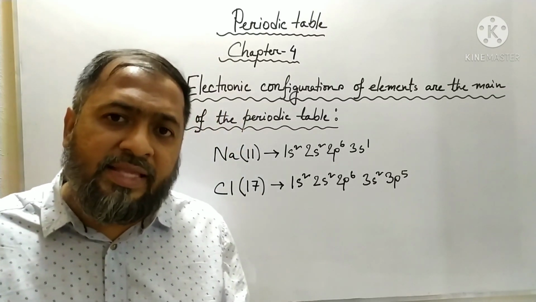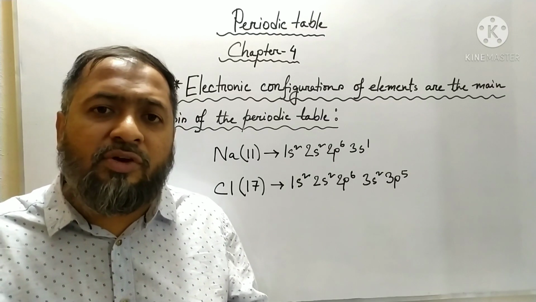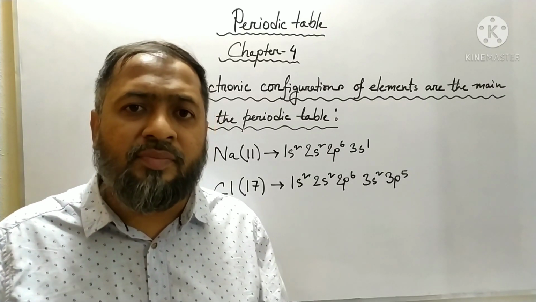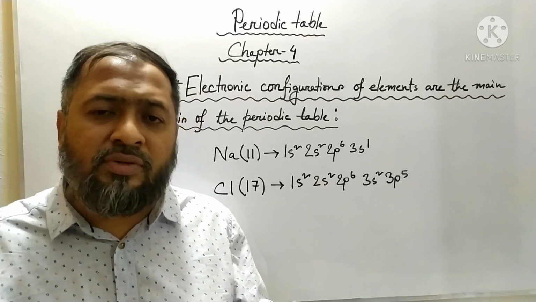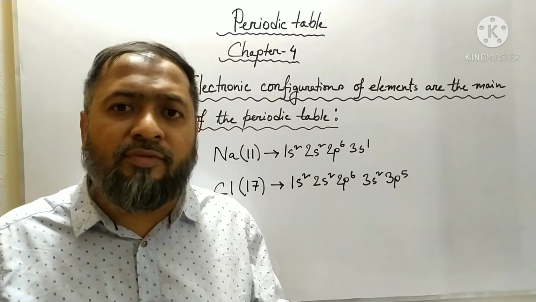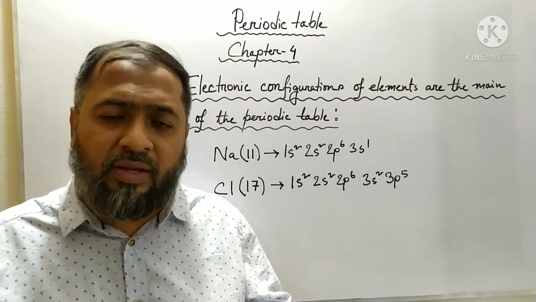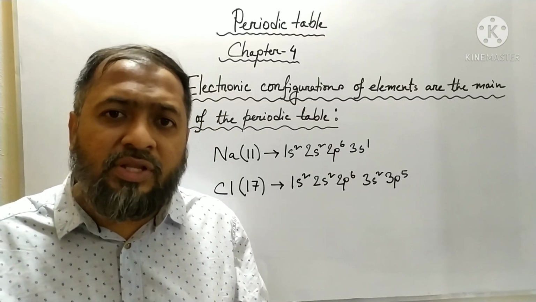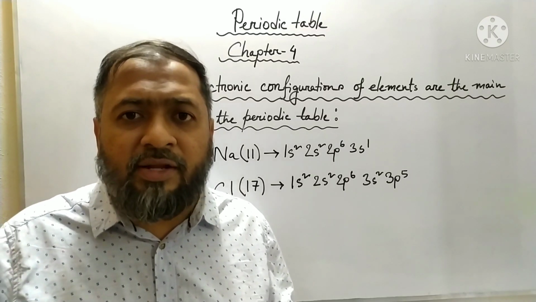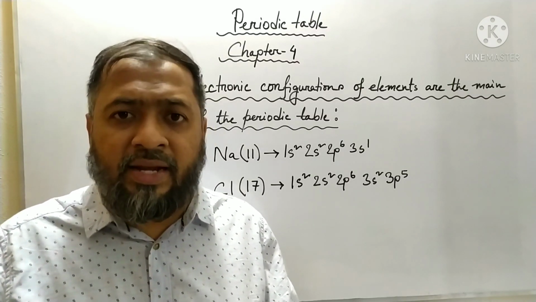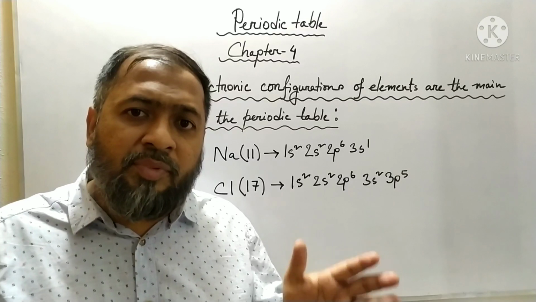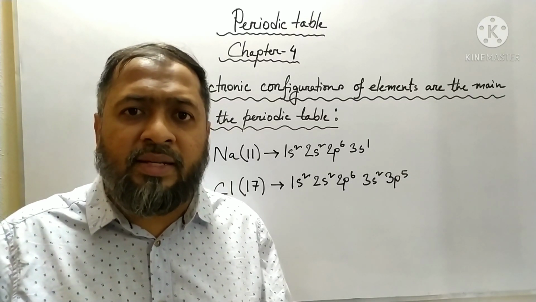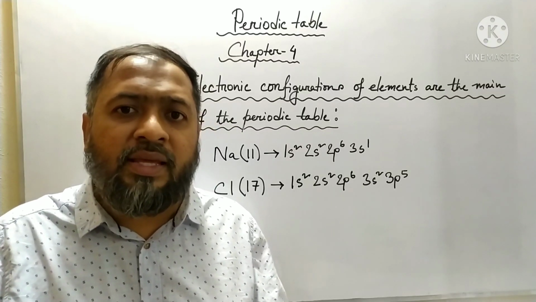So we can say that electronic configuration is the main basis of the periodic table, because from the electronic configuration we can find out the position of the element in the periodic table, and at the same time we can find out the chemical properties. And the objective of preparing the periodic table was to put elements having the same chemical property in the same group.